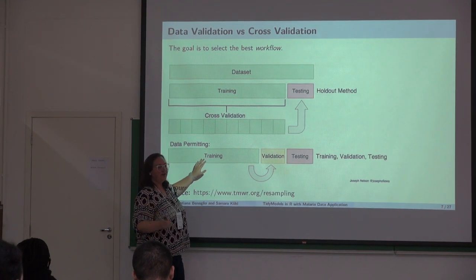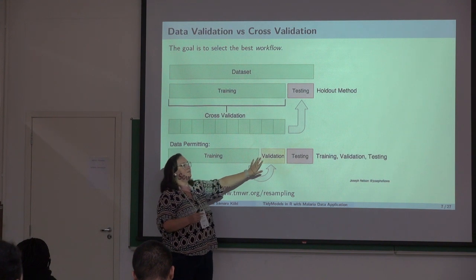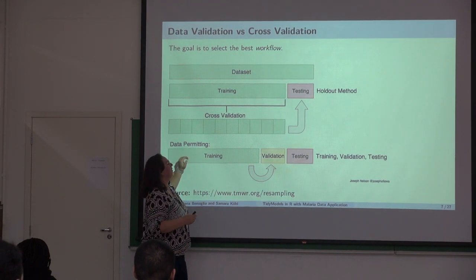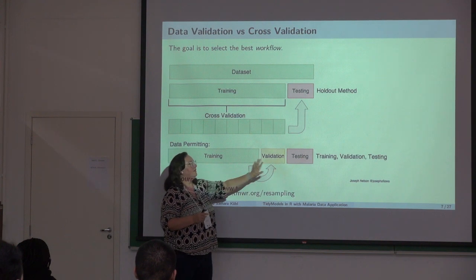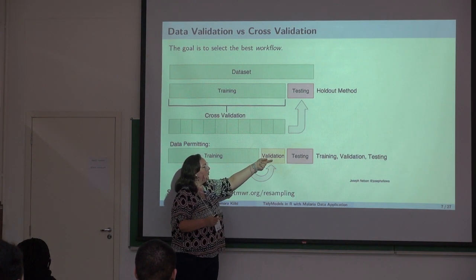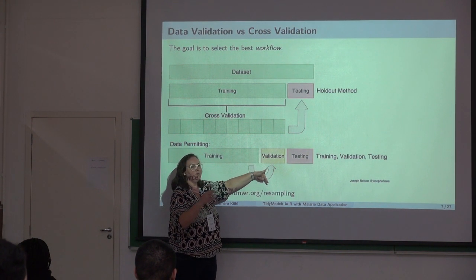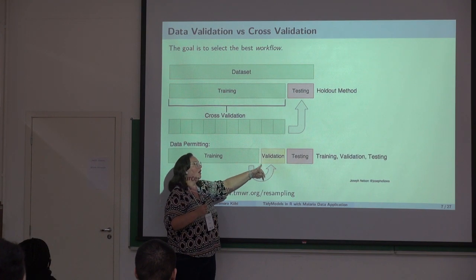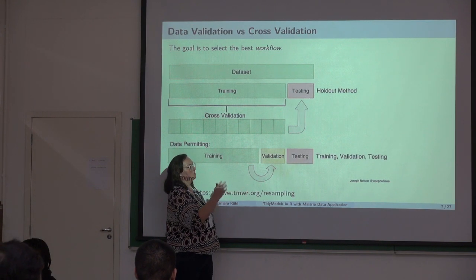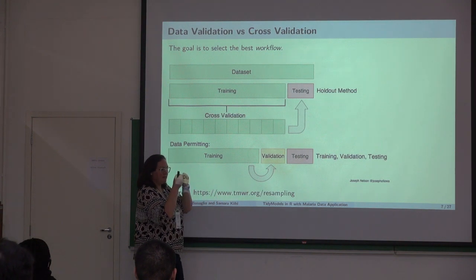Then the random forest, train here, compute the metrics here. Decision tree, train here. Then I compare in the validation set which one got the best accuracy. Oh, it was random forest. Good. Random forest is the winner.